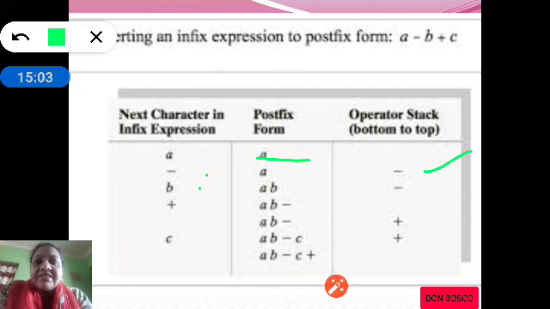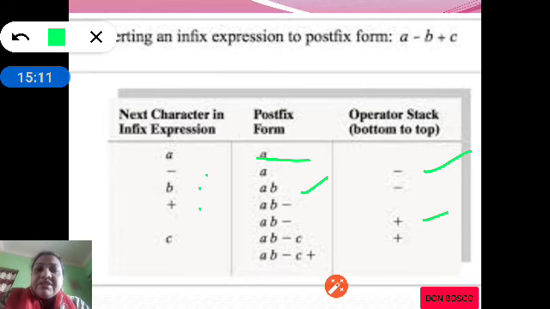The next scanned symbol is B, so we put it onto the postfix string. The next scanned symbol is plus. We put it onto the stack. The next scanned symbol is C. C is an operand.